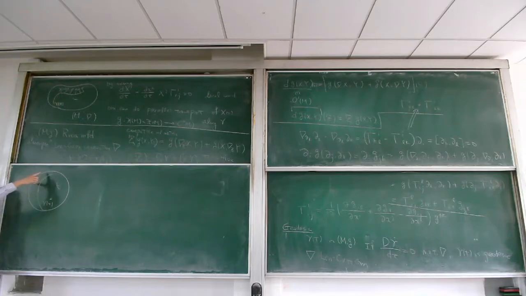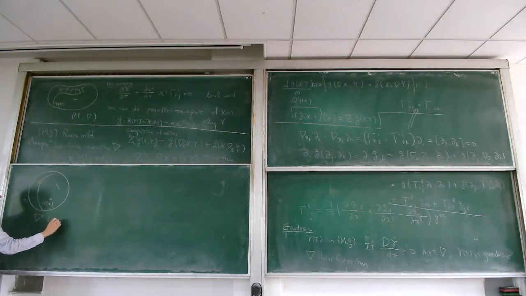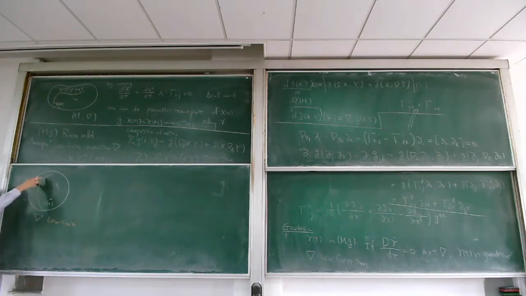If you do the parallel transport along this gamma with respect to Levi-Civita, you just keep having the tangent vector.